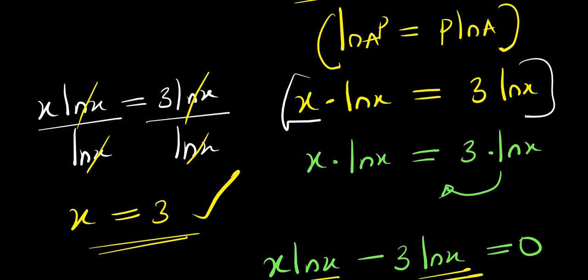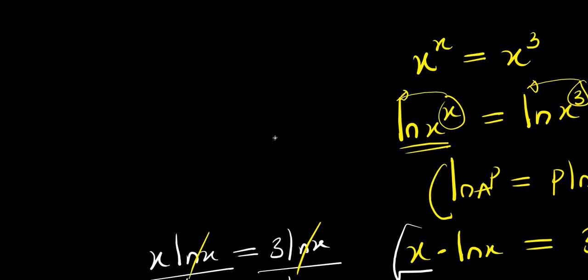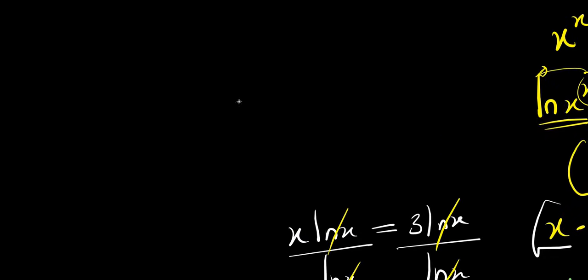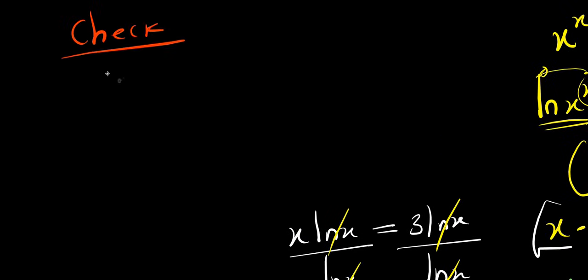So guys, what I'm going to do again will be to check. Let's check for each of the values of x. We have x equals 3 and x equals 1. So we are going to check if the values of x will satisfy the equation. So this is x power x equals x power 3.